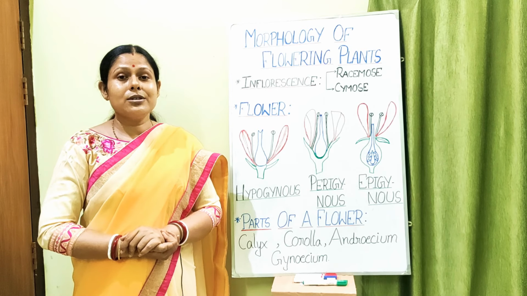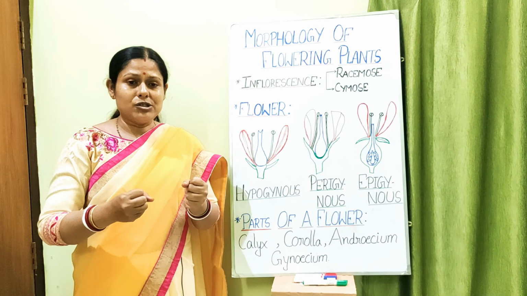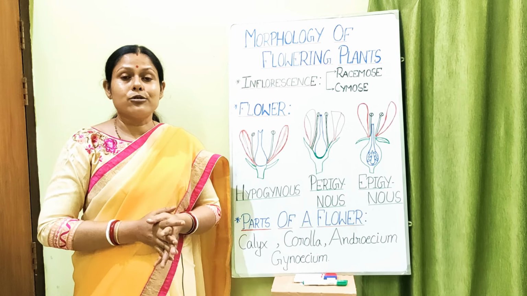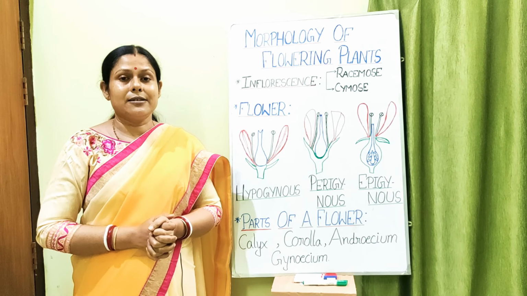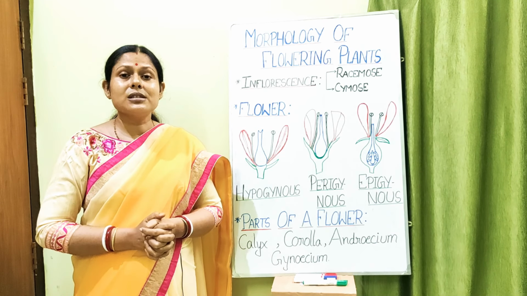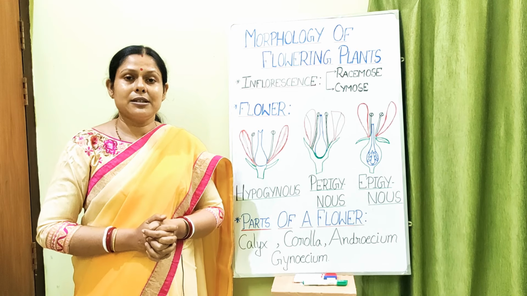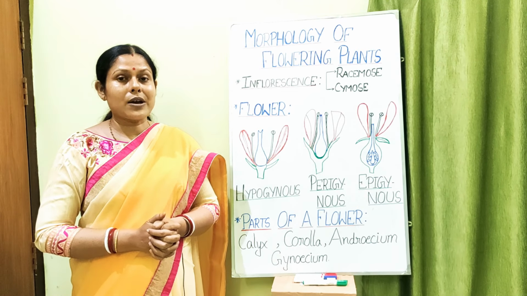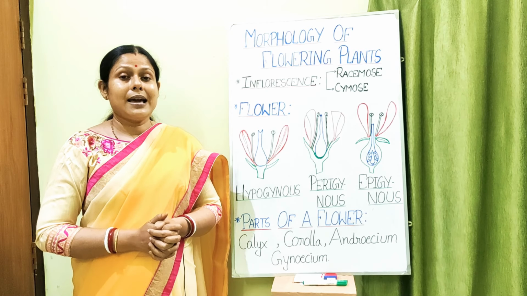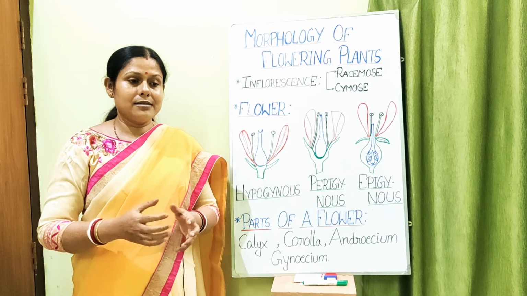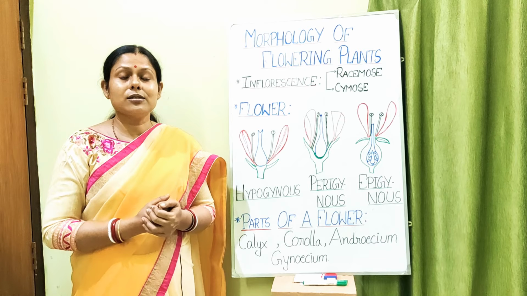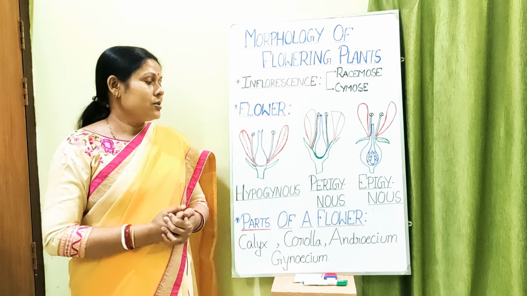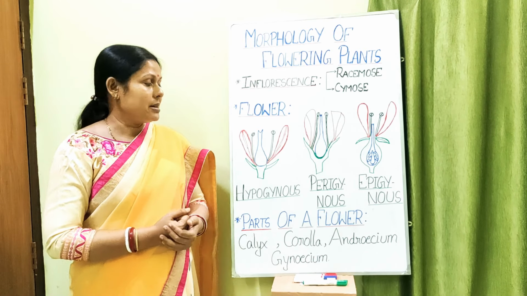In some flowers you will find many bunches of this androecium, then we call it the polydelphous condition. Example is citrus fruits, meaning lemon family fruits. So these are the various kinds of arrangement of androecium within the flower, and they are either united or free. Depending upon that they have been named like this.